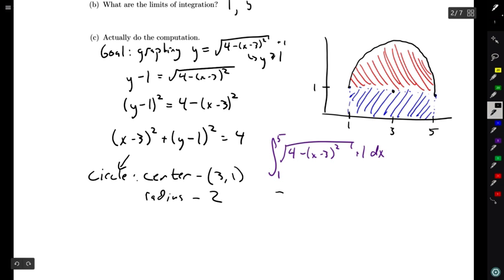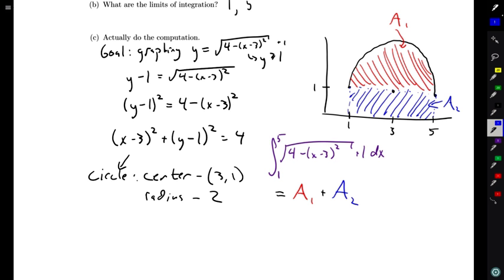So this is going to be equal to whatever the red area is, we can call that A1, plus whatever the blue area is, which we can call A2. So that's the total area between the curve and my axis.